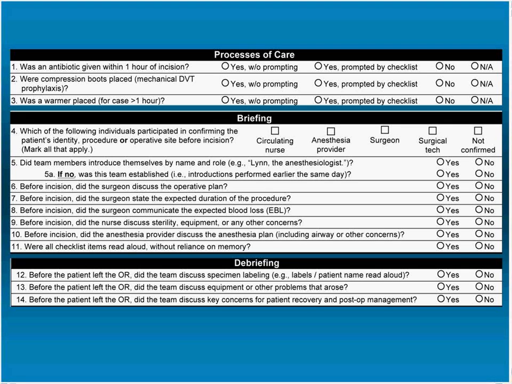Which of the following individuals participated in confirming the patient's identity, procedure, and operative site before incision? So this is really looking at, was the whole team engaged in the timeout? And by looking around the room and checking off, you can remind yourself to look at everybody and see if not only did they stop doing what they're doing, but are they actually involved in it.